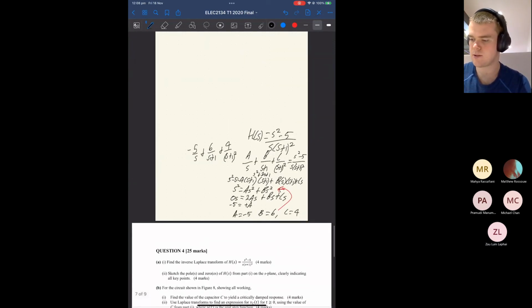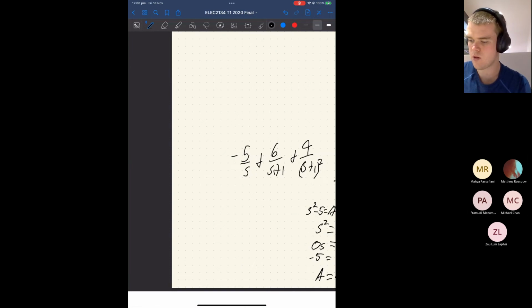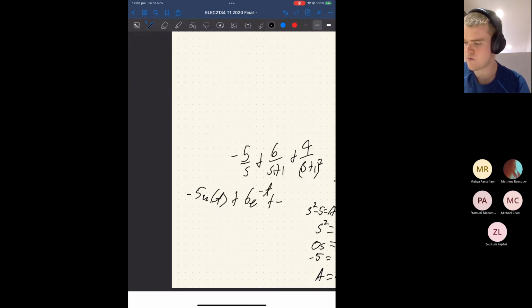So then minus 5 u(t) plus 6 e to the minus t plus 4t e to the minus t, times u(t), and that is the final answer.